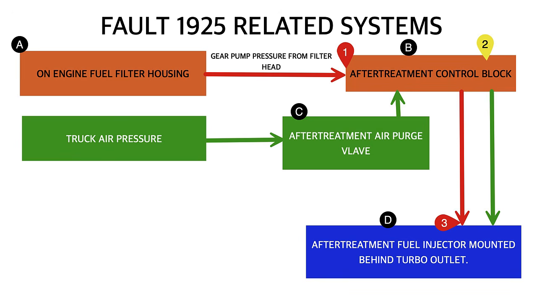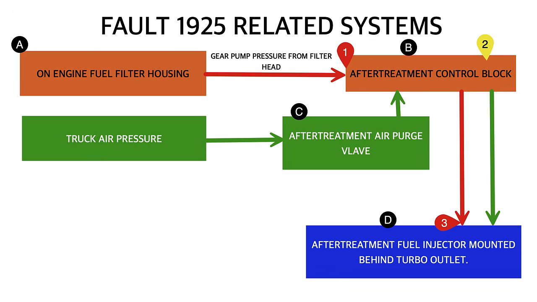And then it blows all the fuel out of the block because the injector number 3 is enabled, and it blows all the fuel out and air goes through, and you end up with just air in the lines and in the injector mounted behind the turbo.